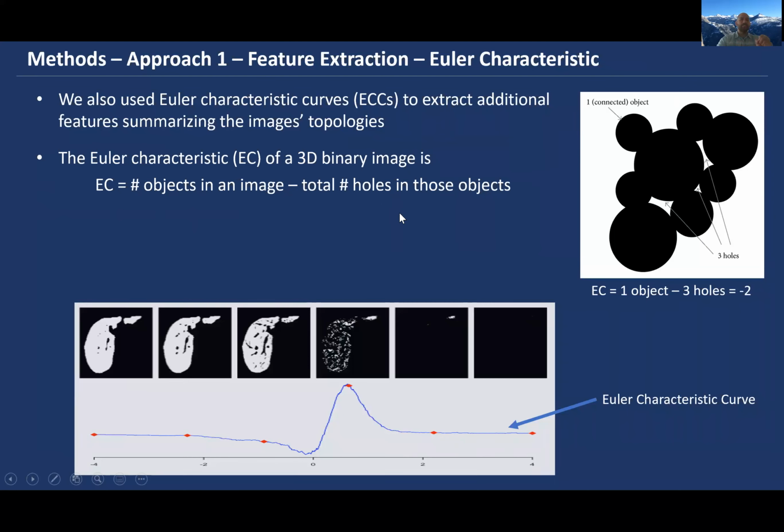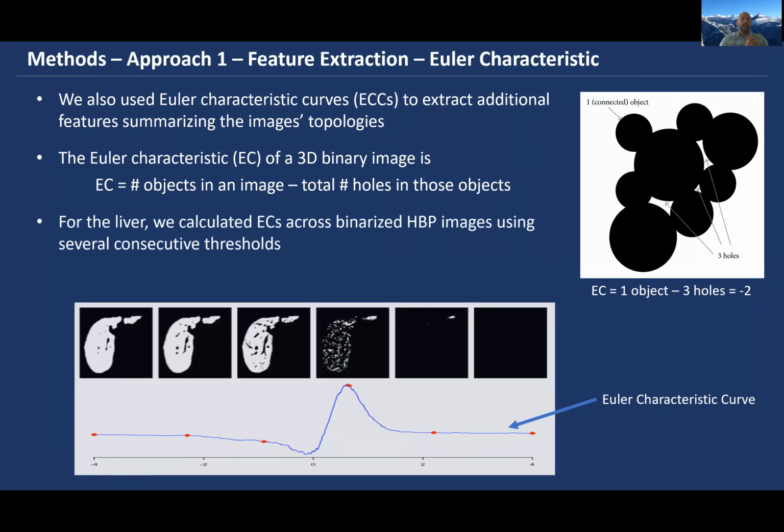In relation to the liver application, we calculated these Euler characteristics across binarized versions of these hepatobiliary phase images. And we do this using consecutive thresholds. So basically we have this 3D volume, right? We set a threshold such that all the voxel values above that threshold, we set to 1.